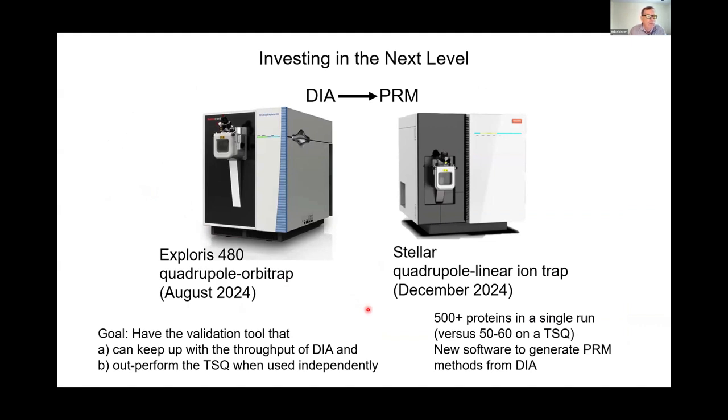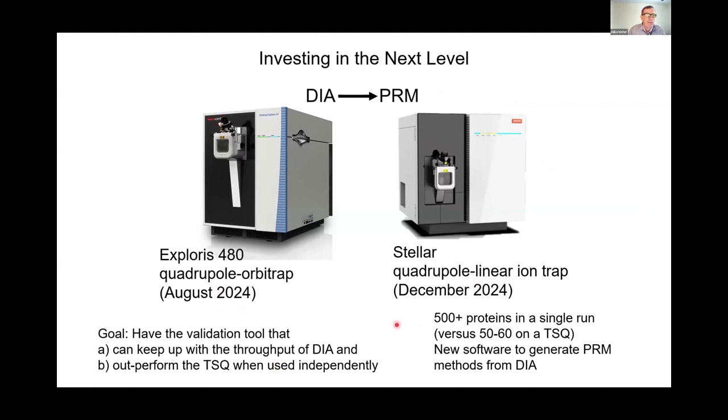What I usually talk about is a technique called selected reaction monitoring, or SRM. But because of some new instruments, it's now PRM, or parallel reaction monitoring, which functionally is not that different, but semantically, it's one of those things that mass spectrometry people get very excited about.